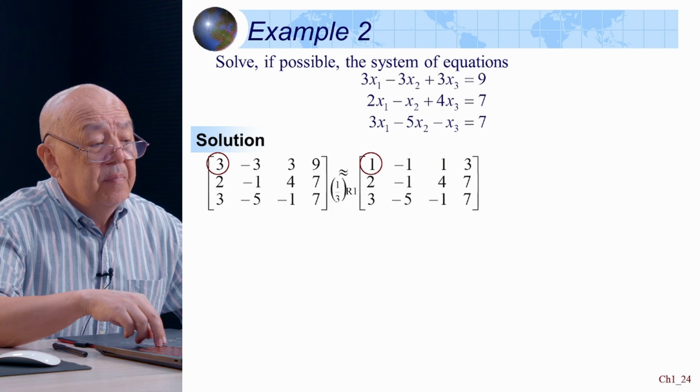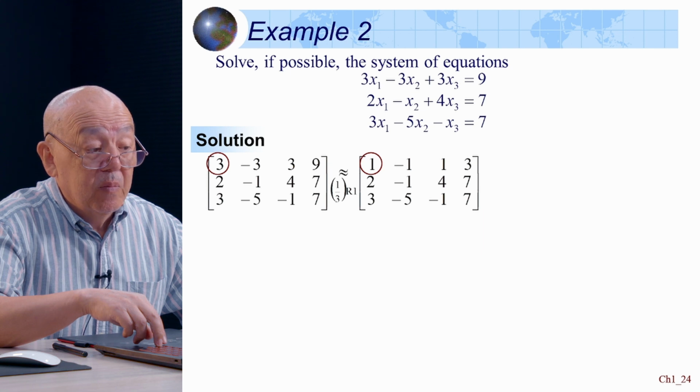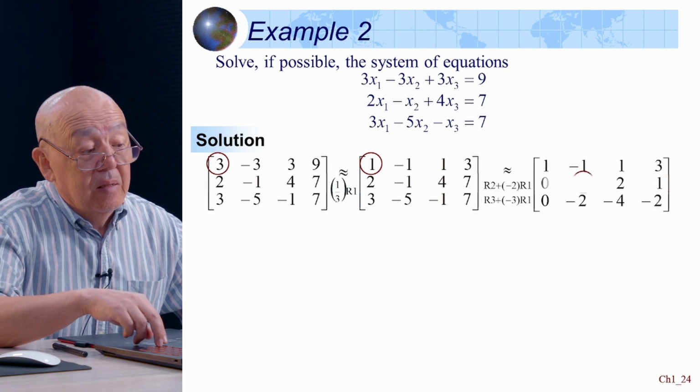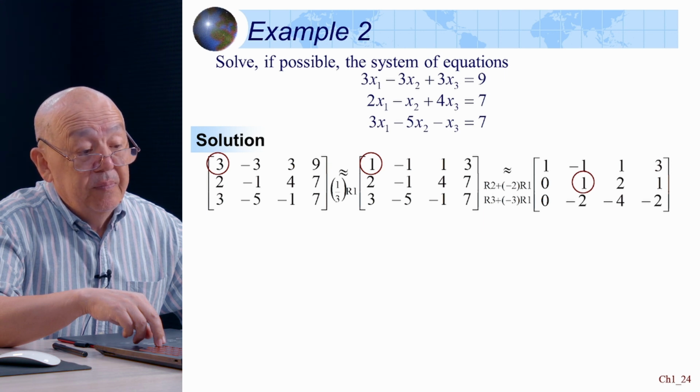Let's see this example. Again, we write the augmented matrix, make the first non-zero element 1, and this will be the leading 1, and use this 1 as a pivot and annihilate other entries of the first column.